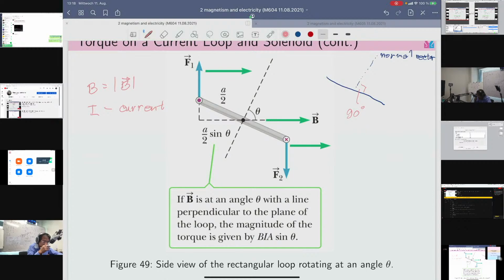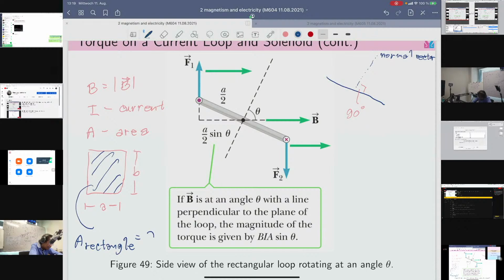It's going to be A times B in this rectangle setup. If you want something different from the rectangle shape of the conductor or the copper wire, you can also prepare your conductor or copper wire in a circular shape, in an ellipse shape, in an oval shape, or the heart shape as well.